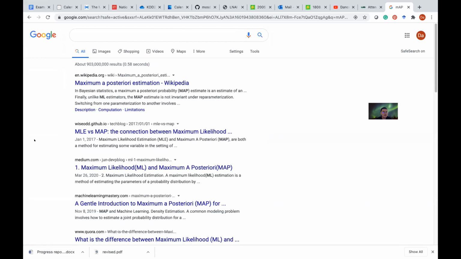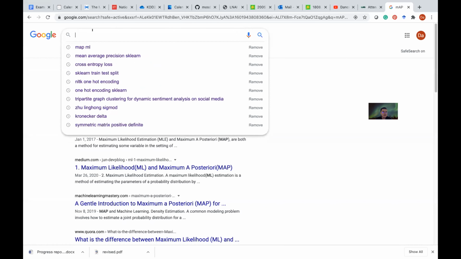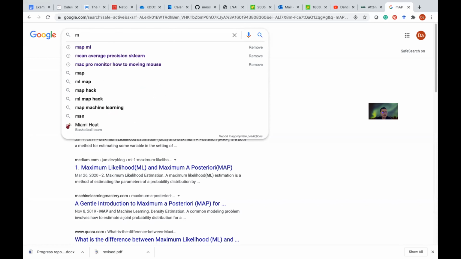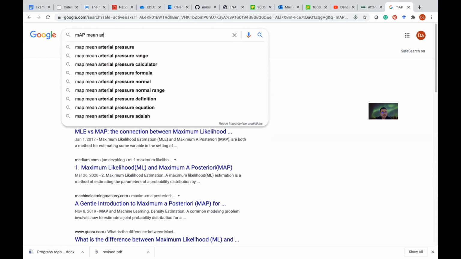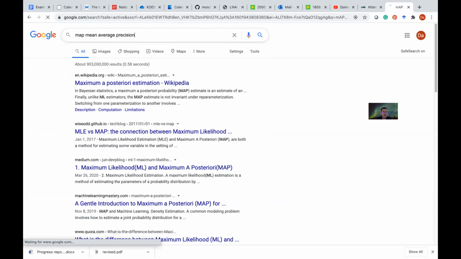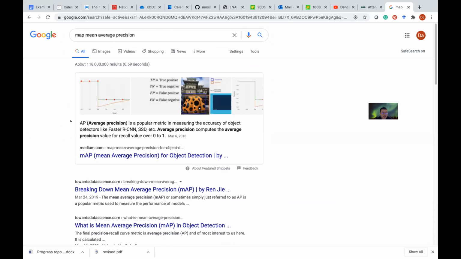So basically, for MAP we have all uppercases, maximum a posteriori, because we have the prior. Okay, and there's another metric called mean AP, mean average precision. If you look at object detection, this is used a lot, called AP, average precision. And then you take the mean average precision.